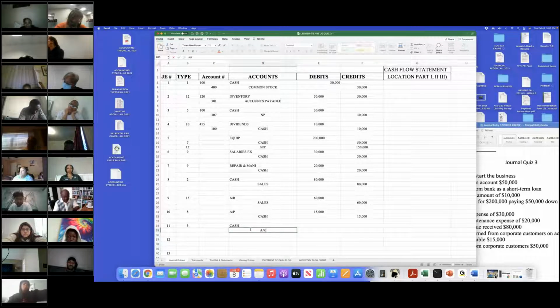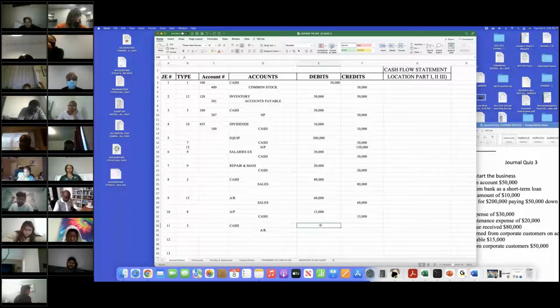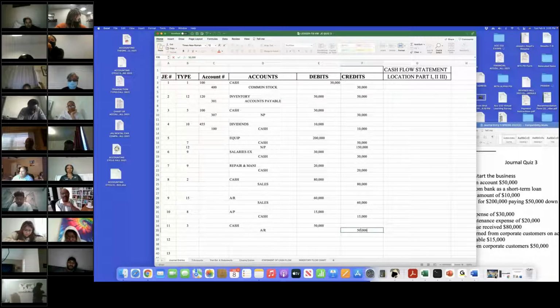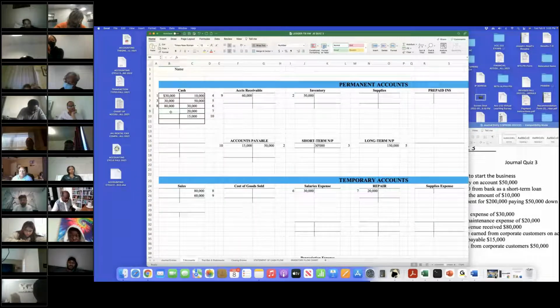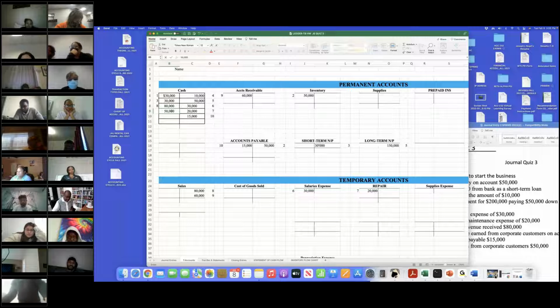And that was 50,000. So let's go and post that one. So we have 50,000 coming to cash, number 11, and 50,000 going to accounts receivable. That's number 11.